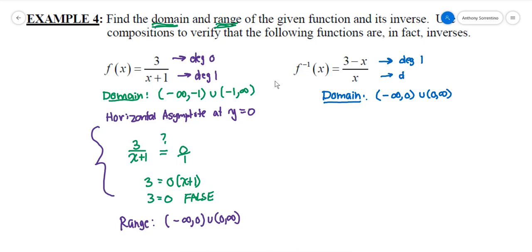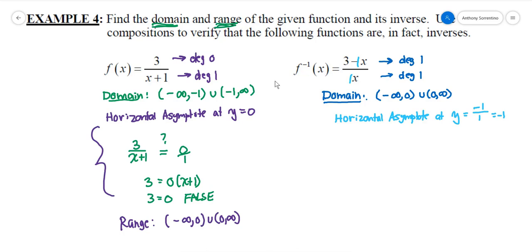This has a degree of 1. Therefore, this should have a horizontal asymptote at y equals the ratio of the leading coefficients. There's a negative 1 in front of that one, so it's negative 1 on top. There's a 1 in front of this one, 1 on the bottom. So negative 1 is a horizontal asymptote.